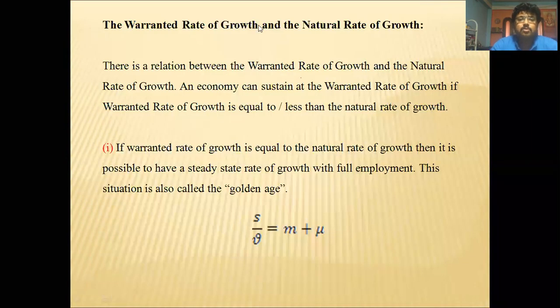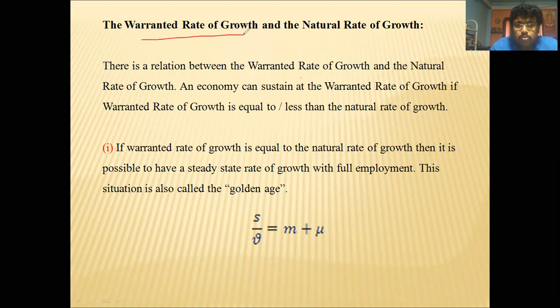Look, next slide. Now we consider the warranted rate of growth and the natural rate of growth. What is the relation between them? What is the conflict between the two? This type of understanding will be covered in this part.